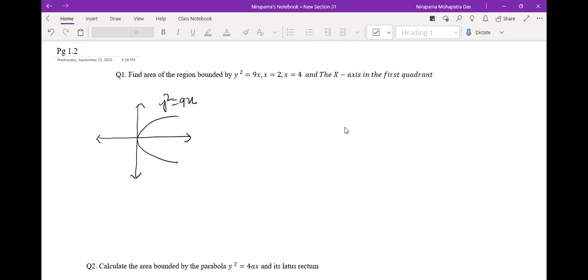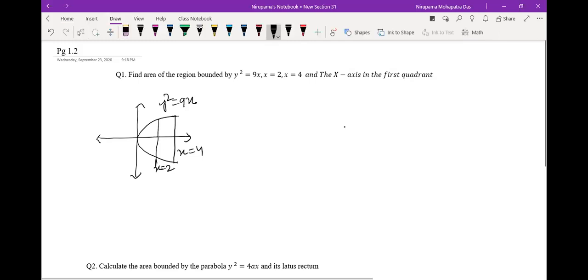Now x equal to 2 is a line parallel to the y-axis, and x equal to 4 is another such line. So we have y square equal to 9x, x equal to 2, x equal to 4, and the x-axis in the first quadrant.